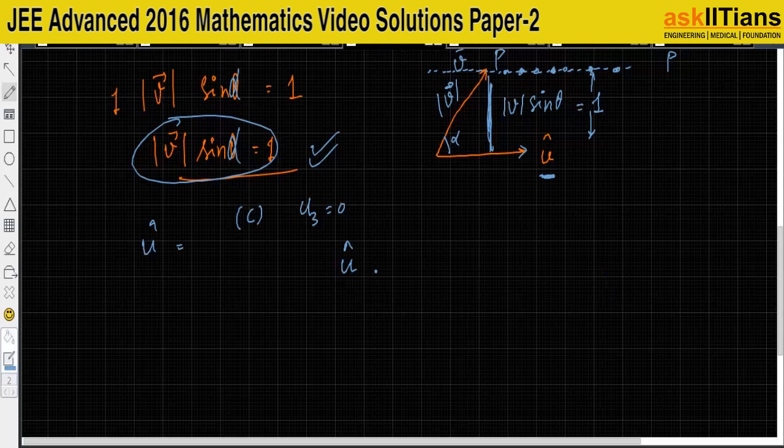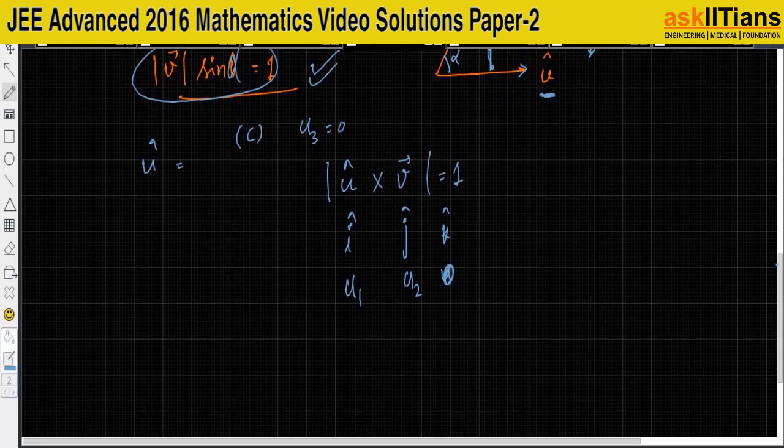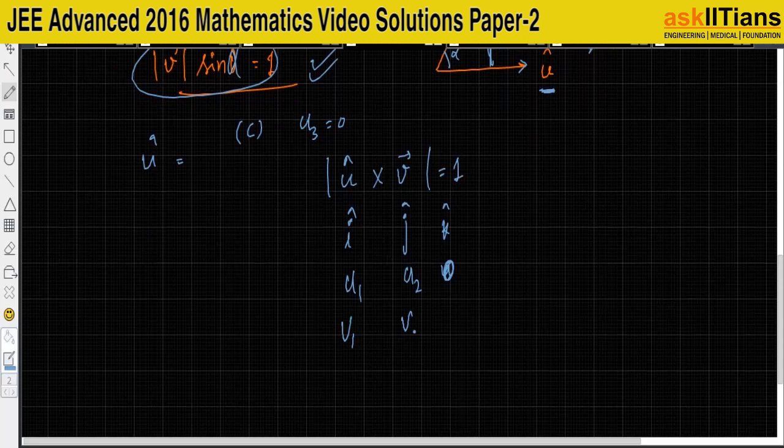We know this, right? The magnitude of u cap cross v is equal to 1. If we know this, then let's find out u cap cross v. This is u1, this is u2, this is u3. u3 is 0, so let me just write 0 here, and here I can write v1 v2 v3. Let me take vector v as v1 i cap, v2 j cap, and v3 k cap.